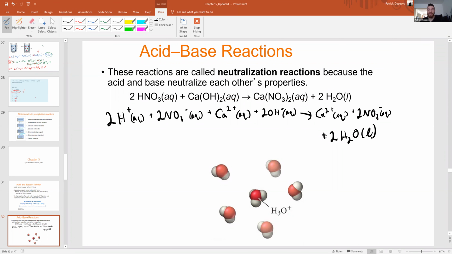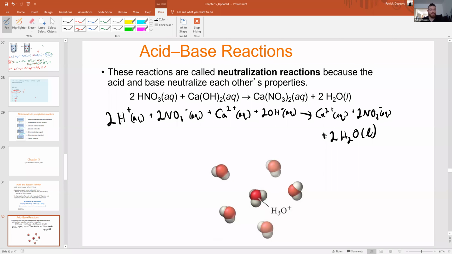And just because there's no precipitate doesn't mean we can split everything up. For a pure liquid, a pure solid, or even a pure gas, you can't split it up. So in acid-base, that's the only little thing that's different when writing the complete ionic and net ionic.